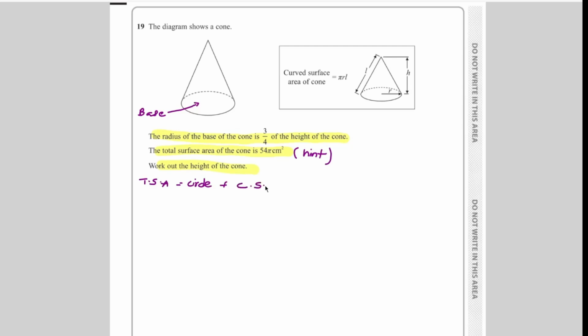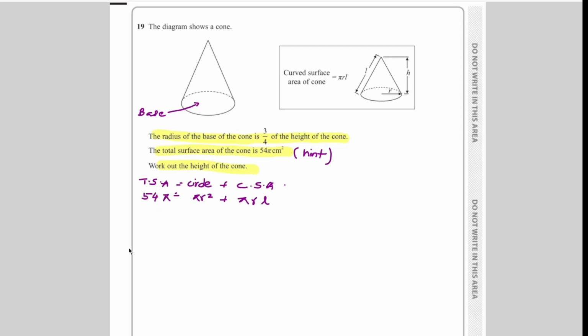The circle area is πr squared, the curved surface area is πrL. And the total surface area is given as 54π.